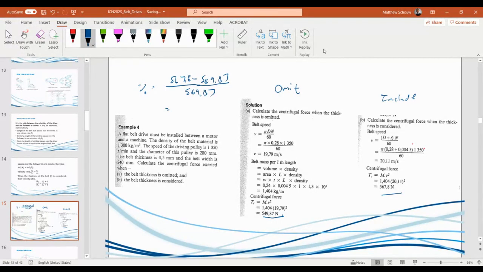If you work that out in percentage, you can see the increase due to the thickness is around 3.2%. That's quite small, but of course it means something.